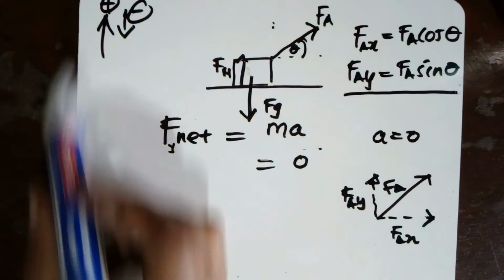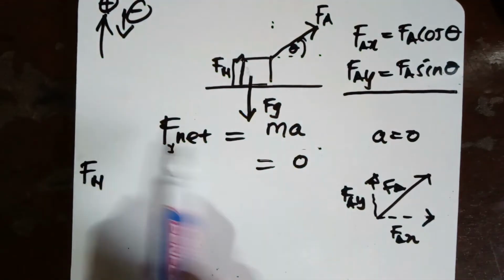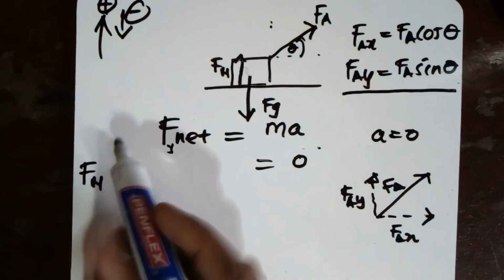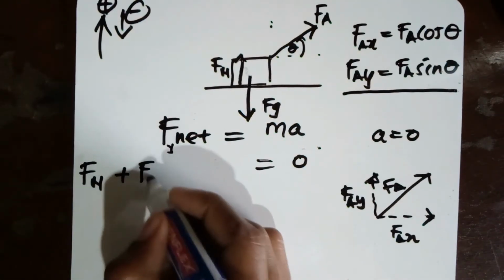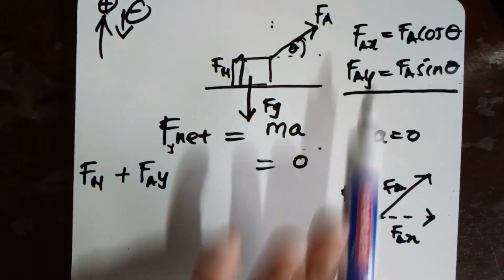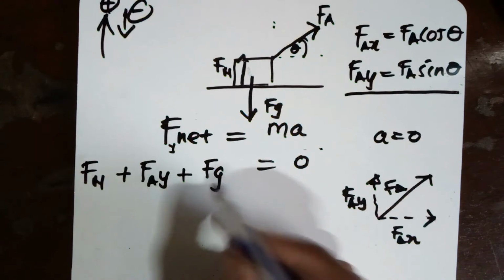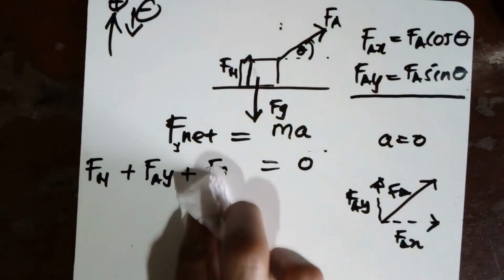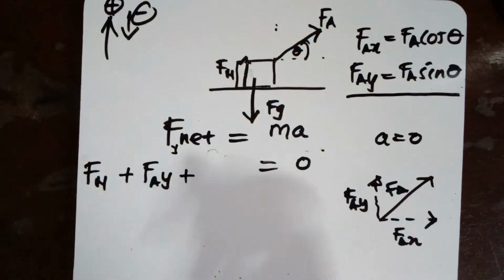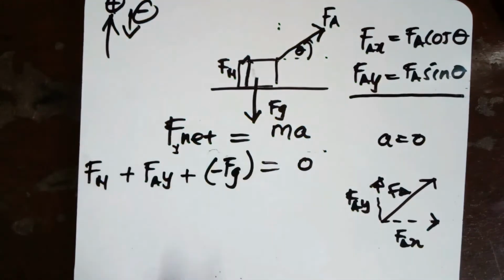We said up is positive, so F net is just the total effect of Fn plus FAY, that component, as well as Fg. But remember, Fg is facing downwards, and downwards is negative, so it is minus Fg.